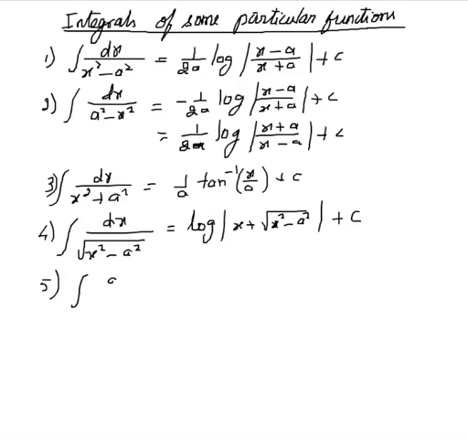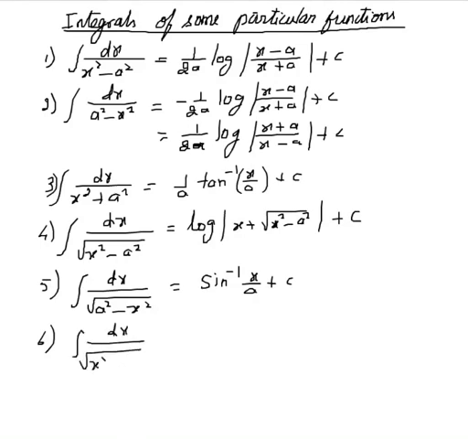Number 5, integral dx by root of a square minus x square is sine inverse of x by a plus c. Sixth formula, integral dx by root of x square plus a square is log of absolute value of x plus root of x square plus a square plus c.